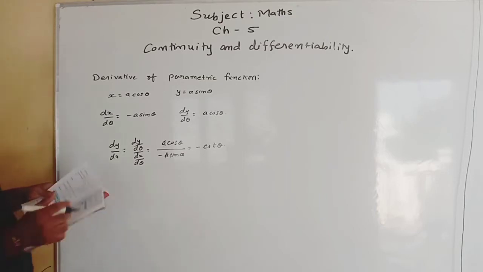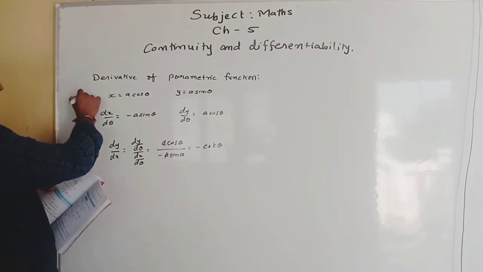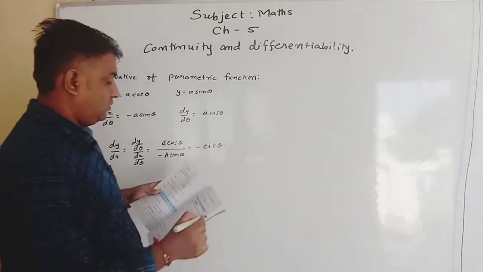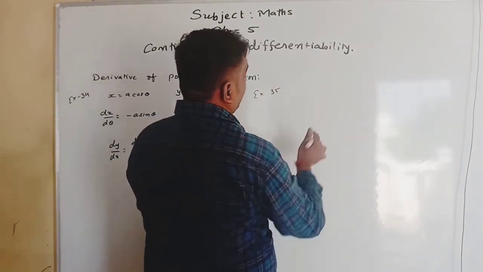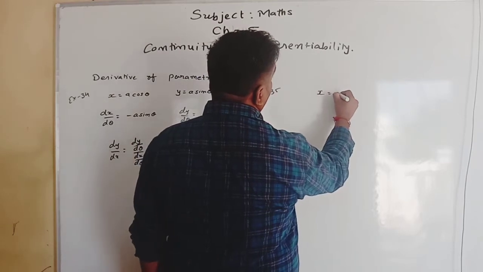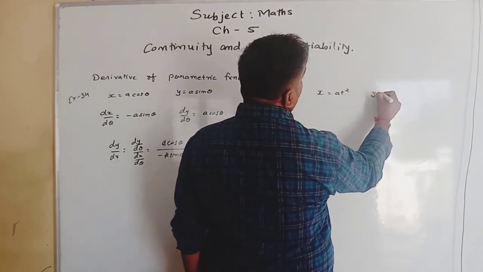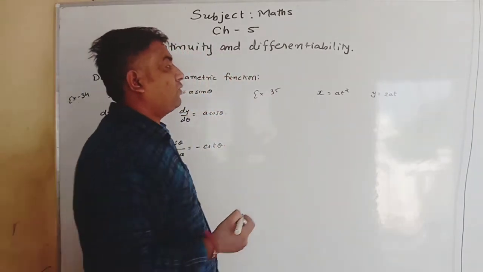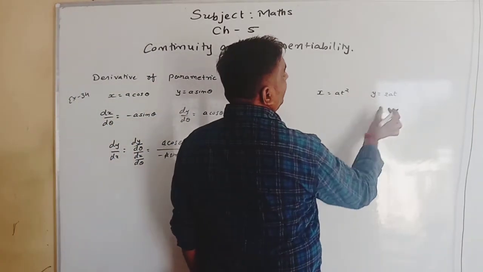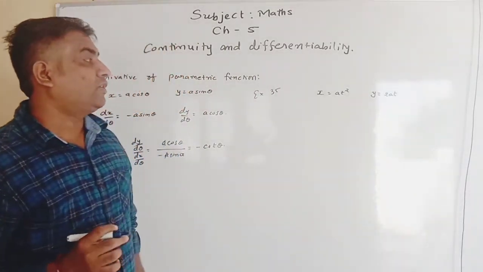Now in example 35 we have x equals a t square and y equals 2at, and we find the differentiation of y with respect to x. Both are equations in the parameter t, so we differentiate with respect to t.